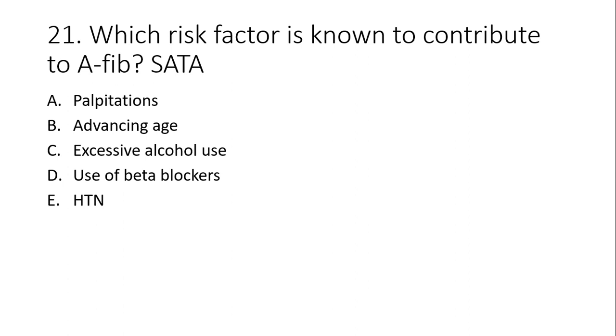And then advancing age, you lose some of your pacemaker cells and your heart doesn't respond as well, so it can lead to more irritability. Excessive alcohol use, yes, that's known to cause cardiac irritability. If anything, beta blockers are going to be used to treat AFib. And then hypertension, yes, because it puts more stress on the heart. So this one's going to be B, C, and E.